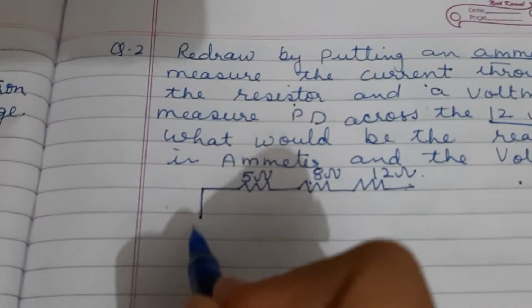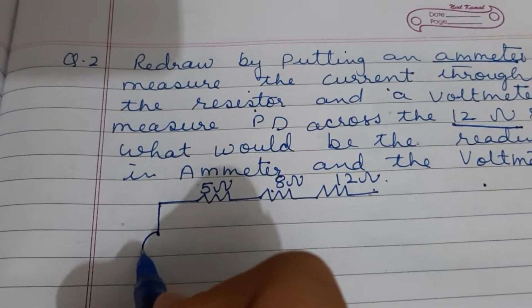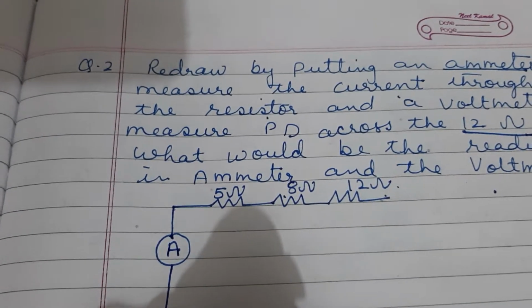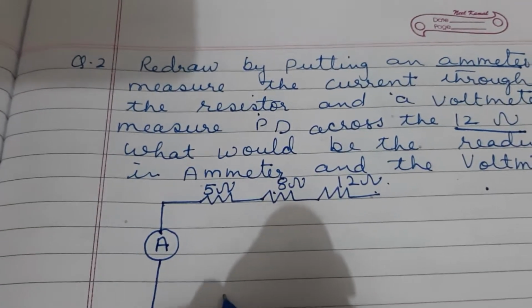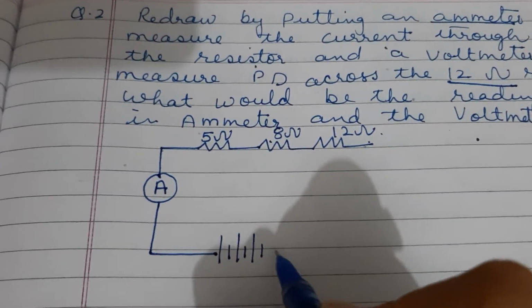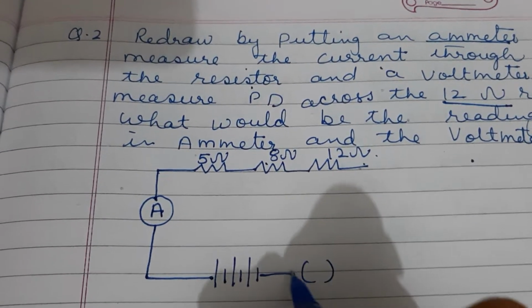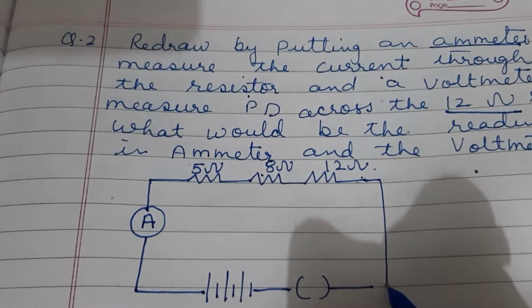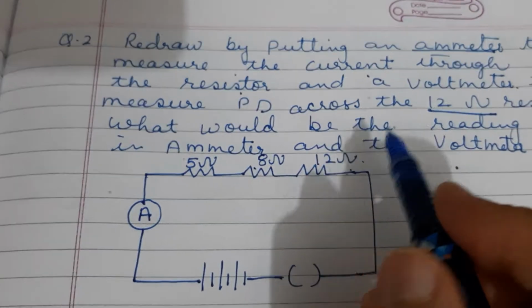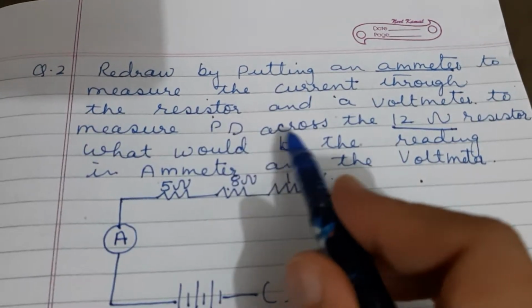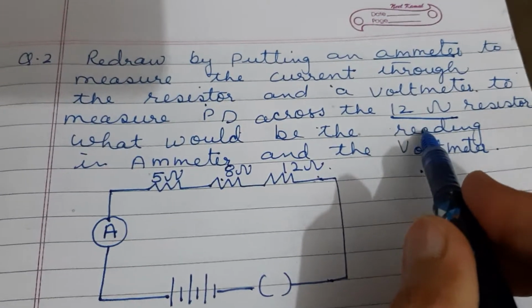Now we have to put an ammeter. The ammeter is connected in series, we have studied. Then the same 6 volt battery, means 3 cells each of 2 volt. Then a plug key is there, and now one more thing we have to add here, that is a voltmeter to measure potential difference across the 12 ohm resistor.